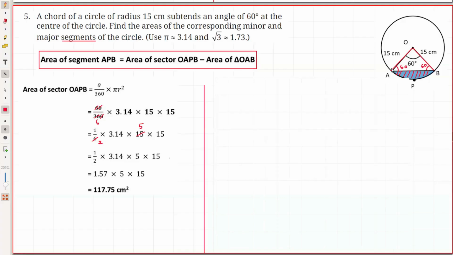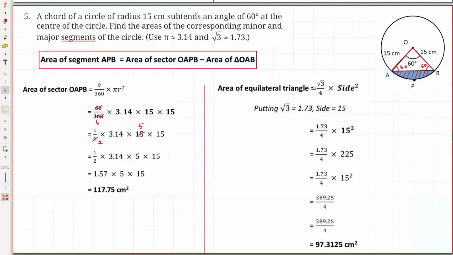So the area of an equilateral triangle is root 3 by 4 a square, or side square. The side is nothing but 15. Instead of root 3, we take the value 1.73.